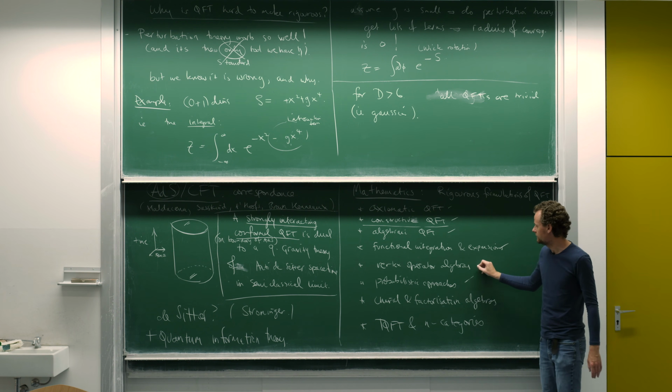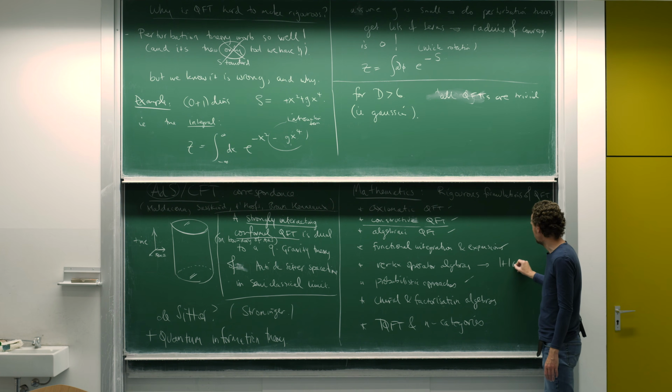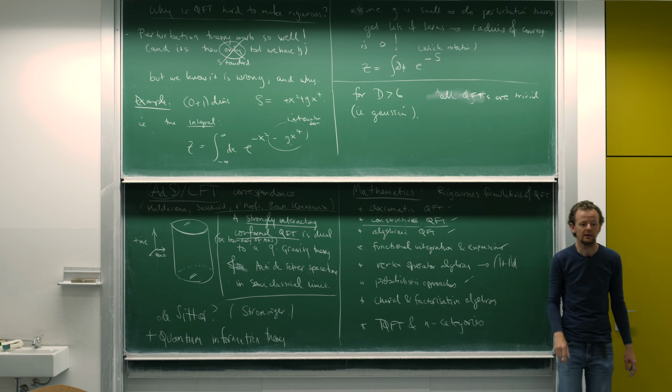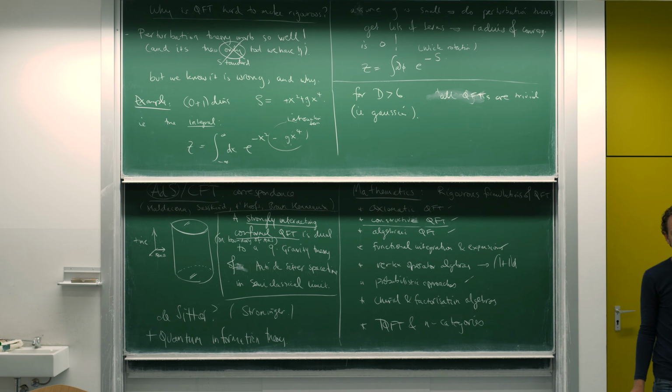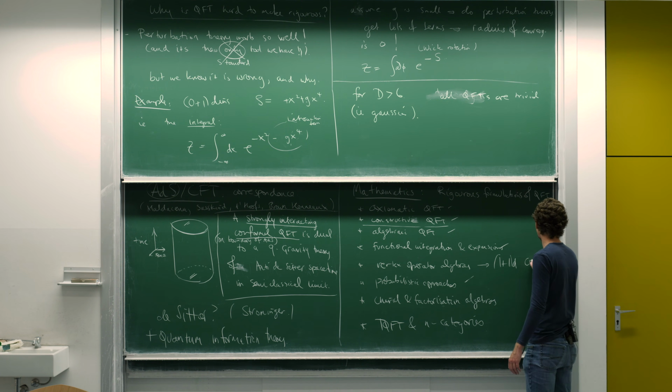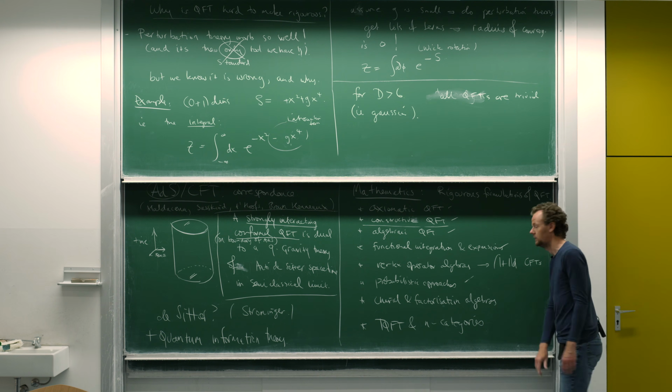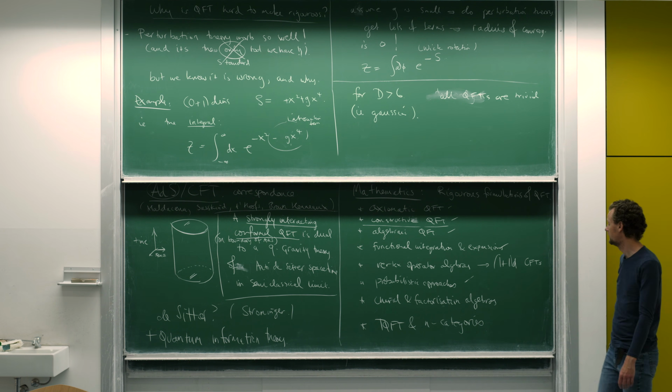Vertex operator algebras is really very much stuck at the level of 1 plus 1 dimensions, but it's very, very successful in describing conformal field theories in 1 plus 1 dimensions.